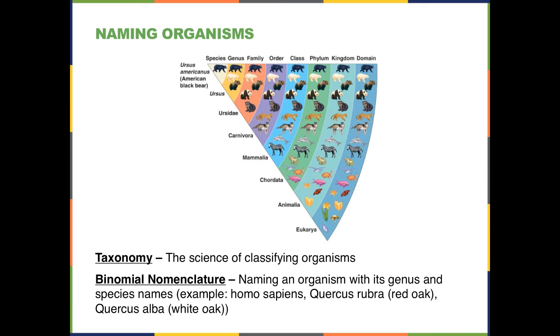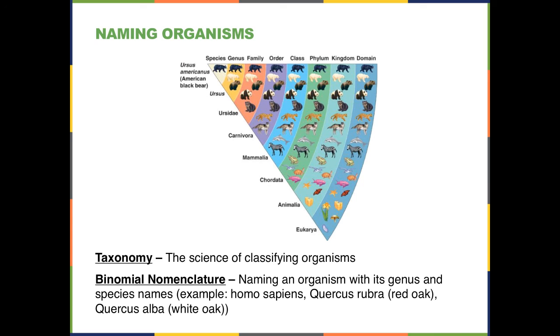Now, you'll notice there's a couple of things I just want to point out, and then we'll be done with the lectures for this part and for the first week. The first is I actually made a mistake on the Homo sapiens, because the genus name is always supposed to be capitalized. It's always capital Homo, lowercase sapiens, okay? And so you see here you have Quercus rubra and Quercus alba.